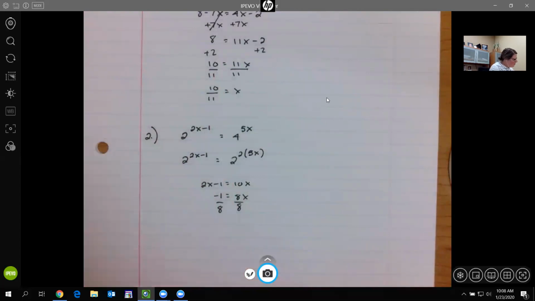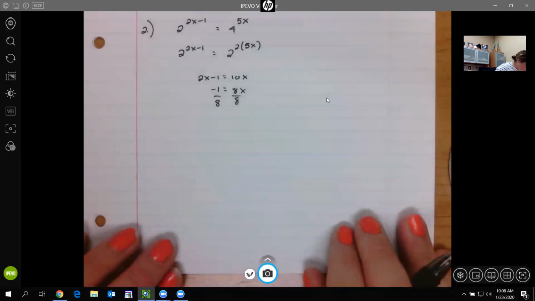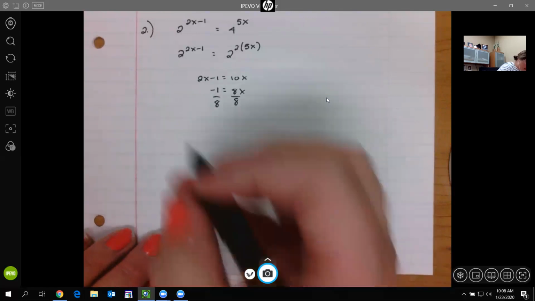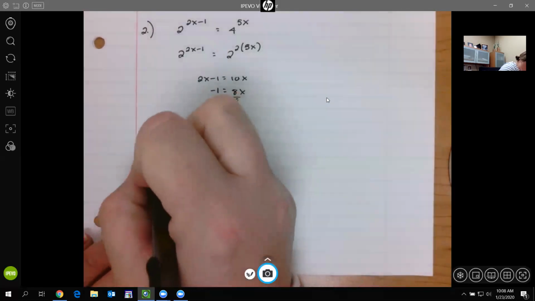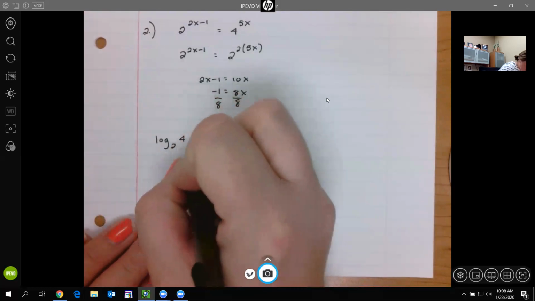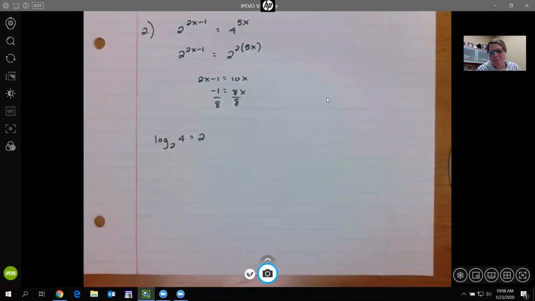This kind of brings us into the idea of a log. Let's start with reminding you just how to change from exponent form to log form. If we have something like log base 2 of 4 equals 2, how would I change that to make it look like exponent form?